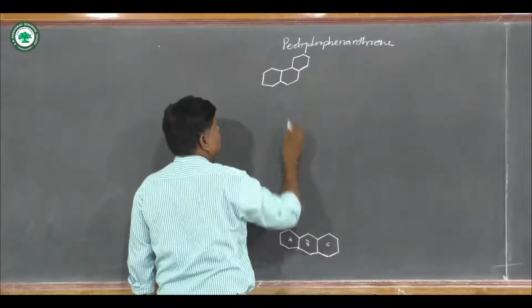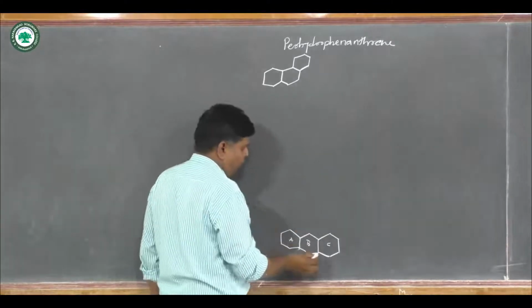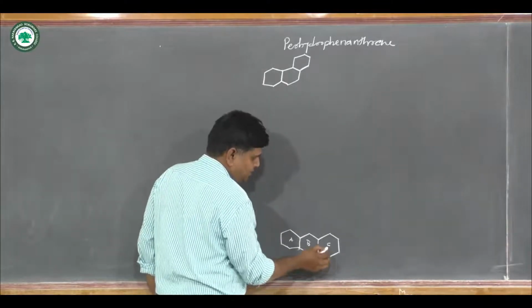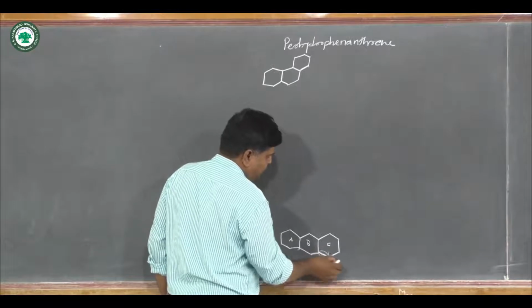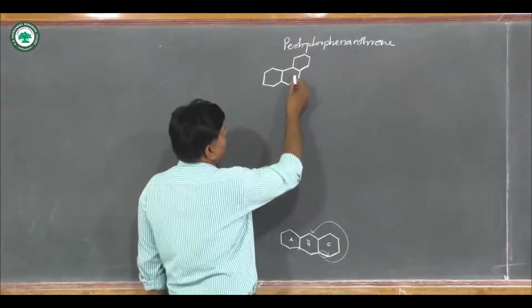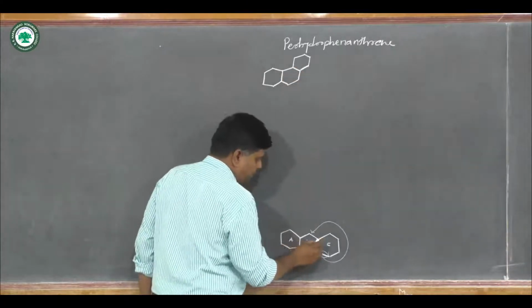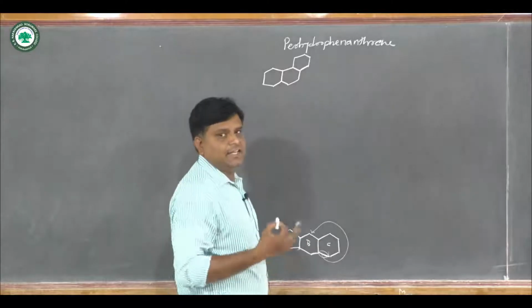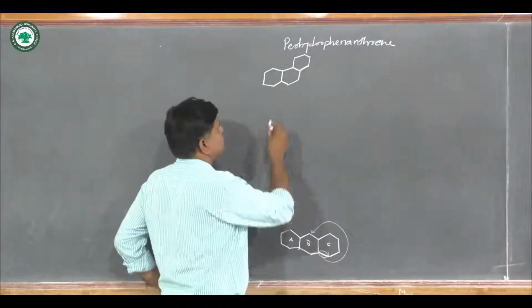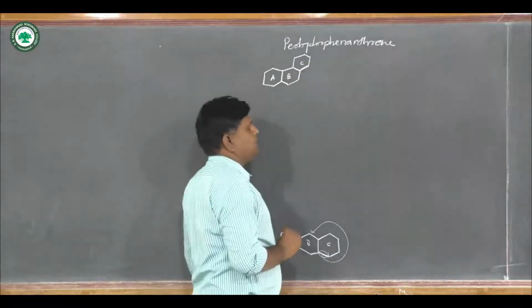Okay, so you remember what are the changes. So the bond which is present here can be shifted towards this side, and that's why the joining is 1 2, and here the joining is 1 3. Okay, so you remember this one, A, B and C.